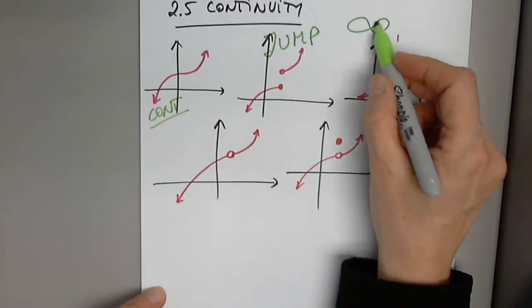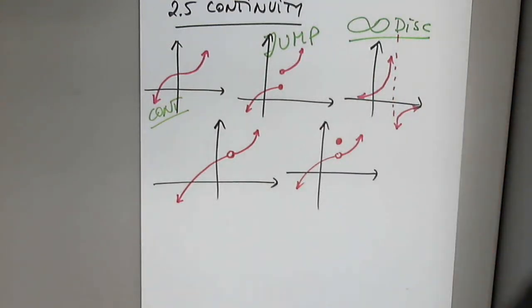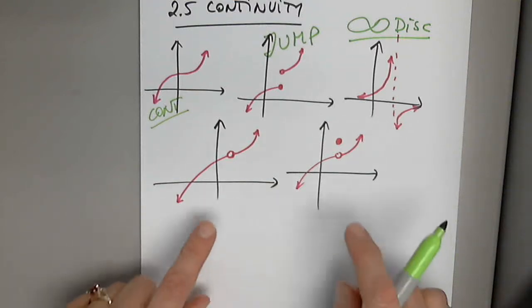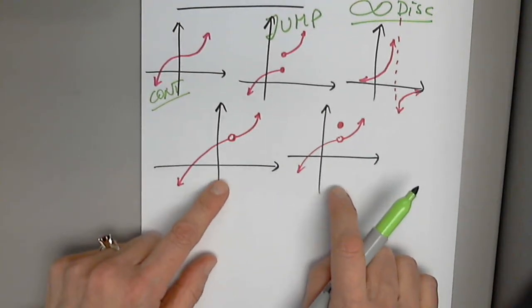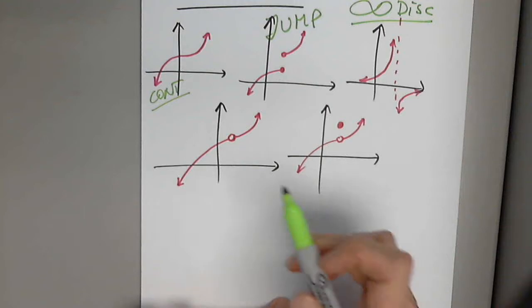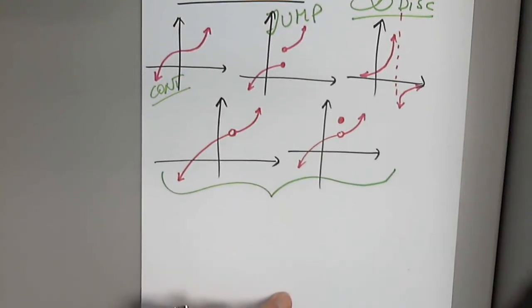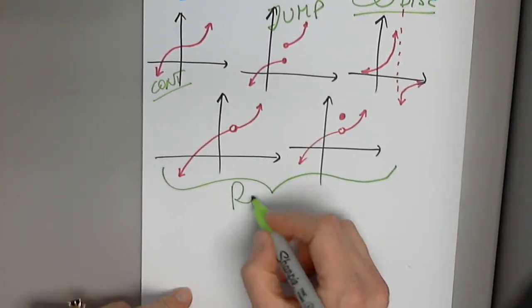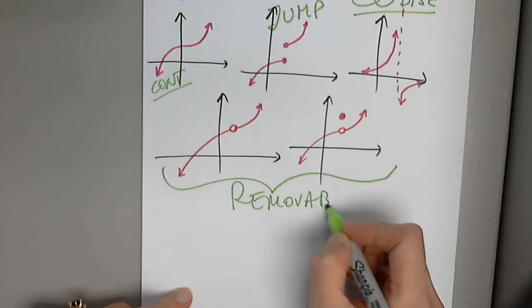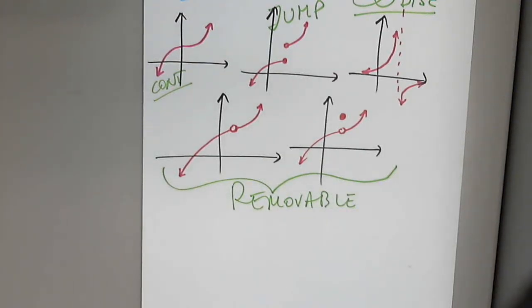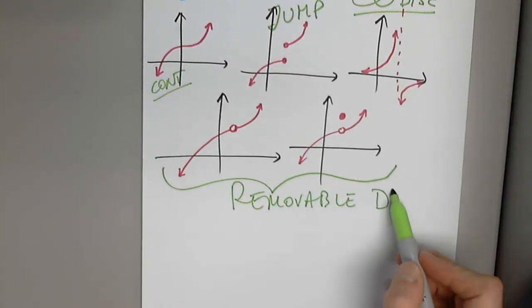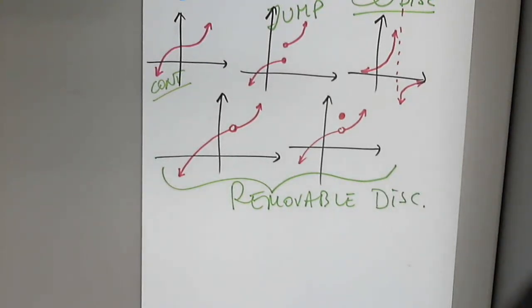It's called infinite discontinuity. Now these two are the same in the sense that they are both called removable discontinuity. We'll talk about all of them, especially the removable, in a minute.